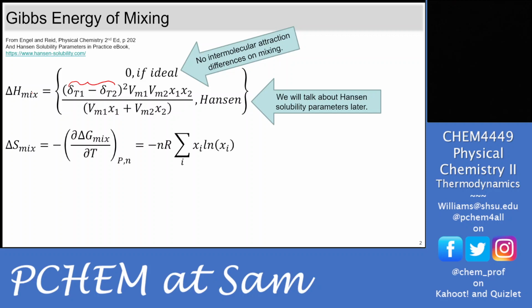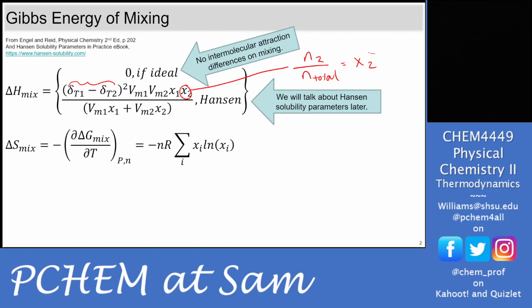Now, entropy always drives mixing. So these X's are mole fractions. So let me just grab one of those and say that's the number of moles of 2 over the number of moles total. Okay. And so if you look at this, you have the total moles in the system, and you have the individual partial amounts of moles of all the components.